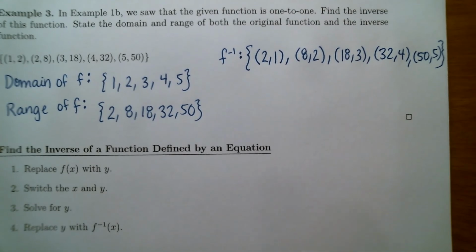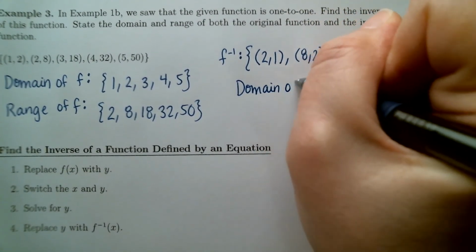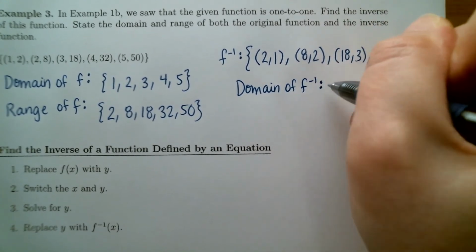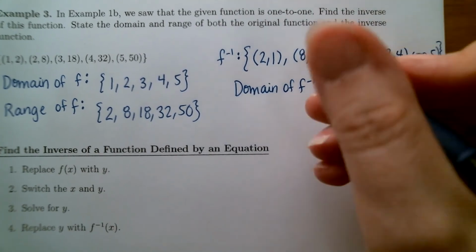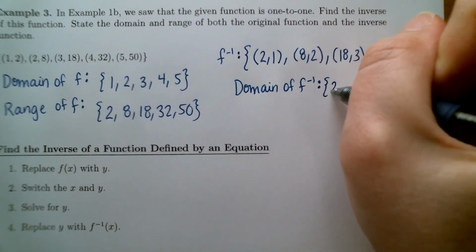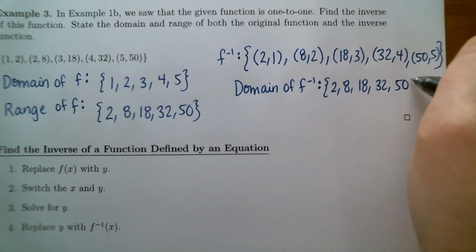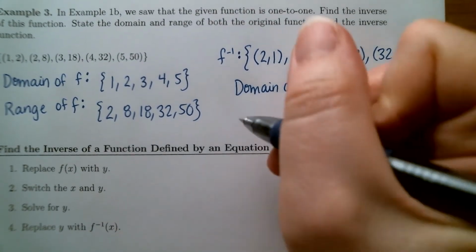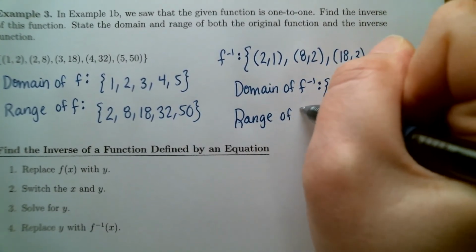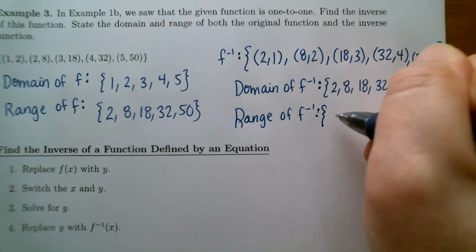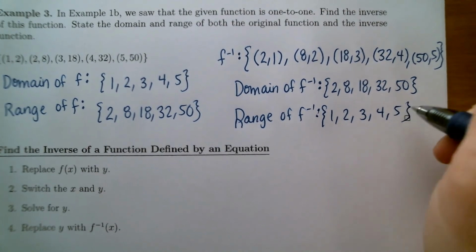Now the domain of f inverse is going to be all the x values for this function. So my x values are 2, 8, 18, 32, and 50. And all the y values will be the range of f inverse. So the y values here are 1, 2, 3, 4, and 5.